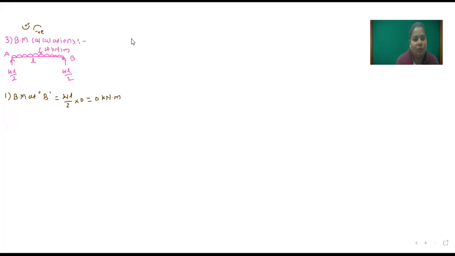Second, we will find out bending moment at x meter from B point. So this is our figure.